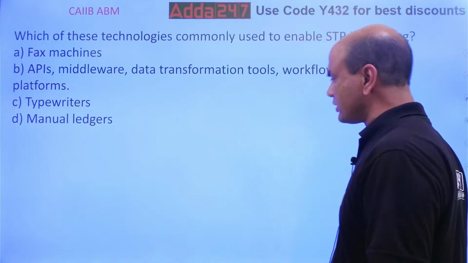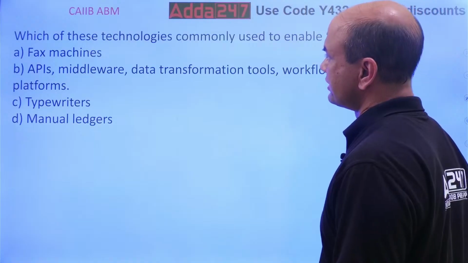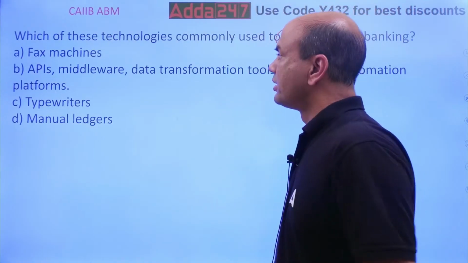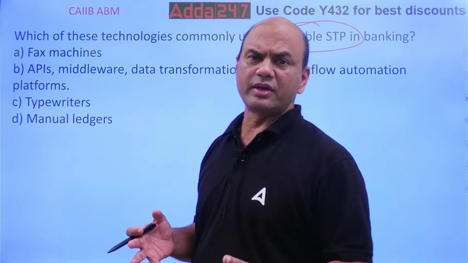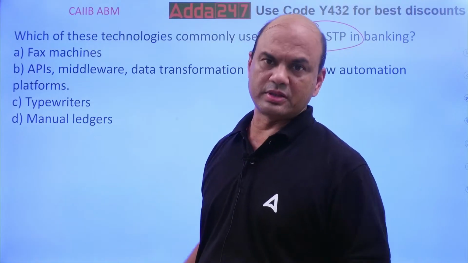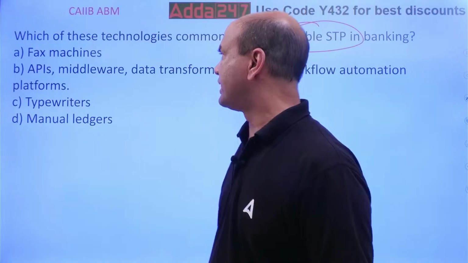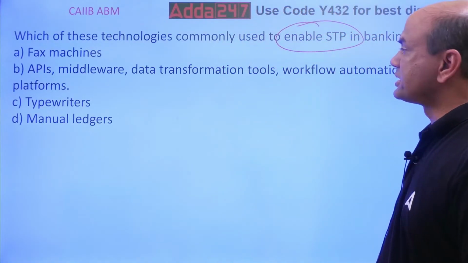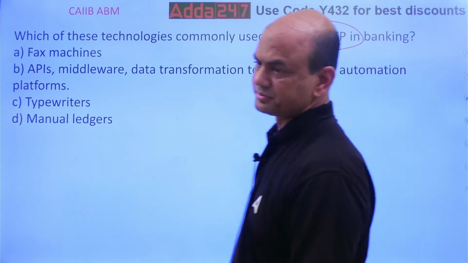Which of these technologies is commonly used to enable STP in banking? So, which of the technologies are used to enable STP? Means so that you can have everything online as much as possible, not everything. Fax machines, APIs, middleware, data transformation tools, workflow automation platforms, typewriters, manual ledgers.